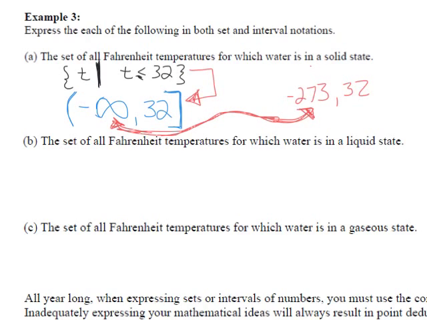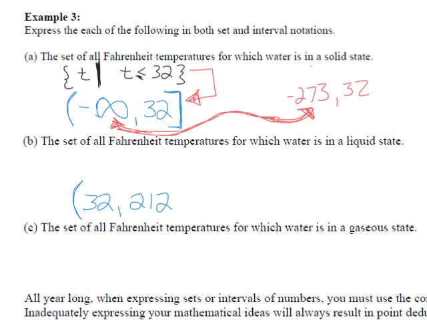Then we know that water is a liquid from 32 degrees all the way up to a boiling point of 212, at which point it turns to gas. And deciding whether or not to include the 32, I included it in part A, so I'm not going to include it in part B. That value at 32, where water is both solid and liquid, is a little fuzzy with the science math overlap.